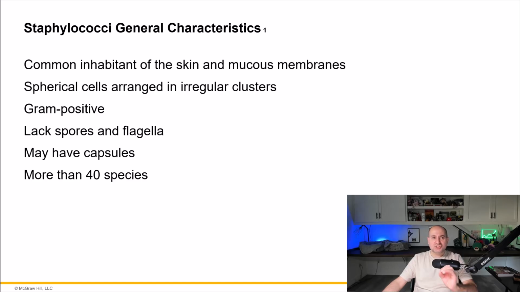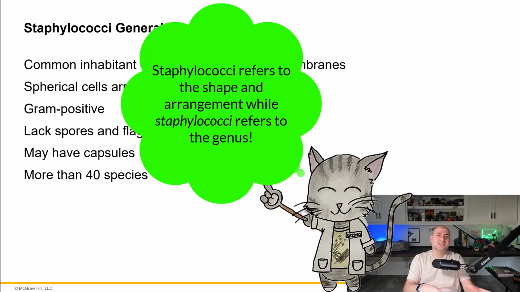We're talking about the genus Staphylococci, not the shape and arrangement. I know this is very confusing for students. They're like, wait, I thought Staphylococci meant clusters of spherical cells. That is perfectly true. However, Staphylococcus is also a genus.